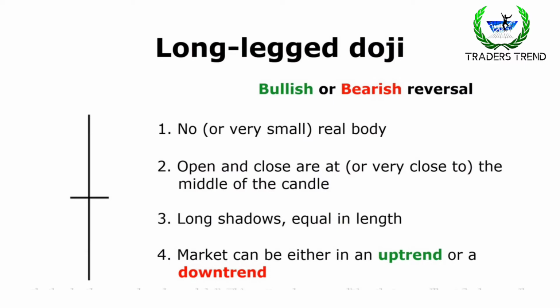Then long shadows, equal in length. And then the market can be either in an uptrend or a downtrend. If the trend is an uptrend, it is a reversal for the uptrend, opposite to the downtrend.